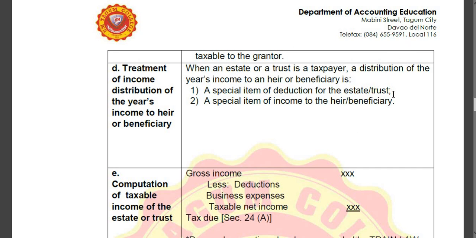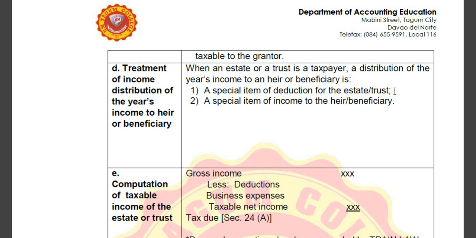So basically, if a portion of the income during the year of the trust or of the property under trust or of an estate is distributed to the heir or to the beneficiary in the case of trust, then such portion of the income distributed is a special item of deduction to the estate or trust. And such distribution received by the heir in the case of estate and beneficiary in the case of trust is a special item of income to the heir or beneficiary.